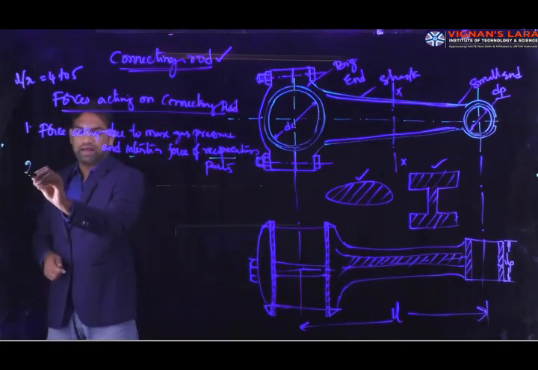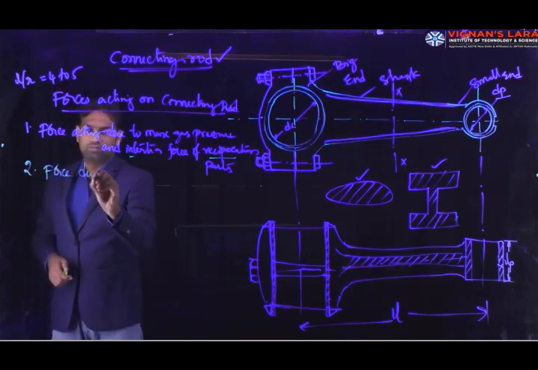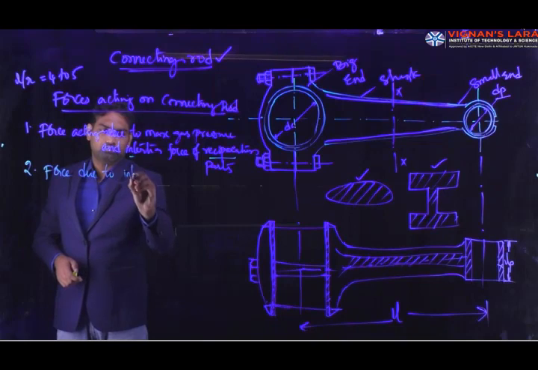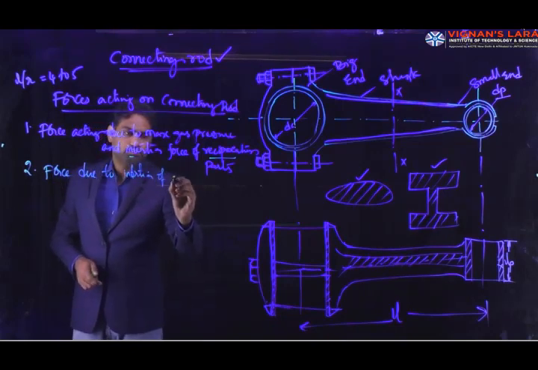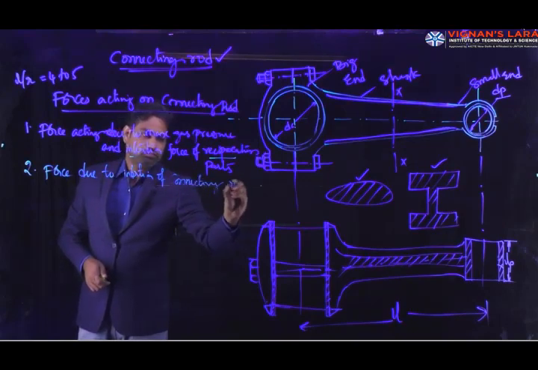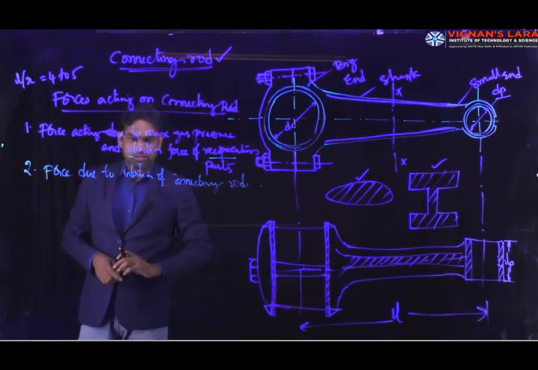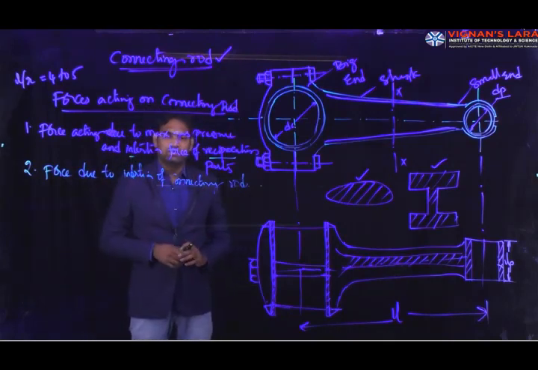And the second force acting on the connecting rod is a force due to the inertia of the connecting rod. So this is due to the mass of the connecting rod, there is a chance of inertia forces acting.